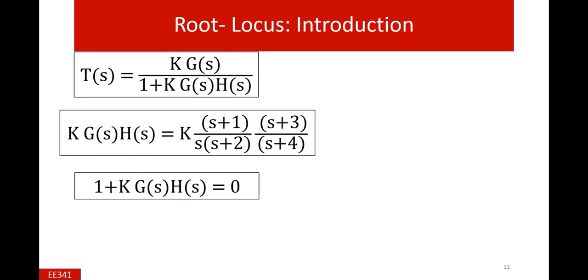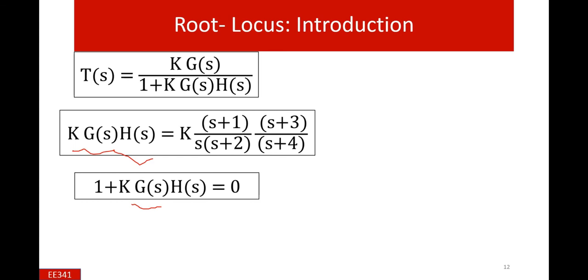The whole story of the root locus you can understand from this slide. We have a closed loop transfer function where this is the open loop transfer function and this is the characteristic equation.